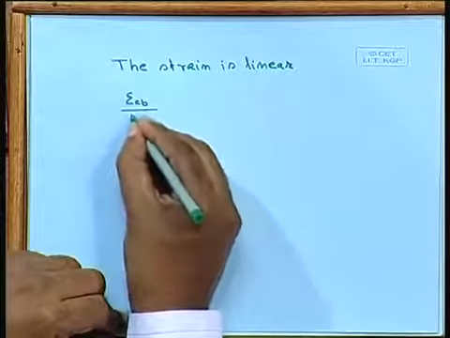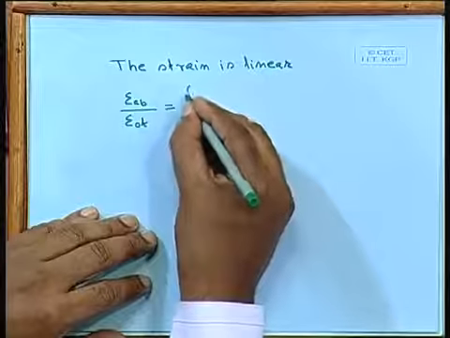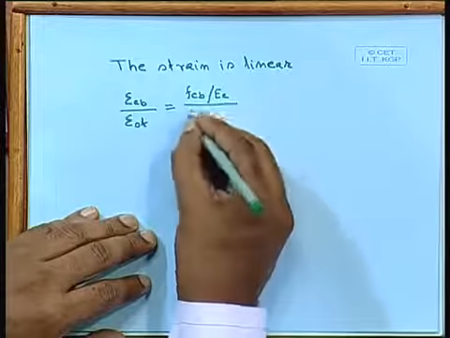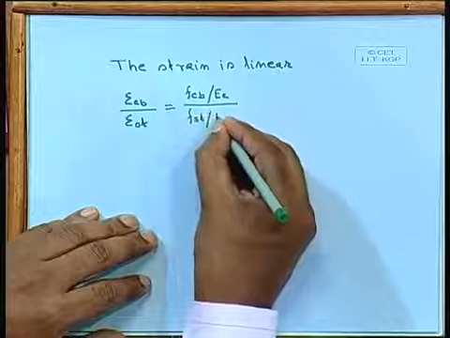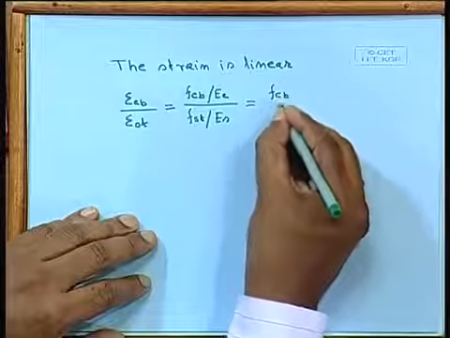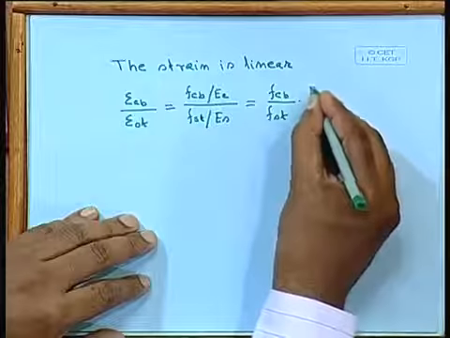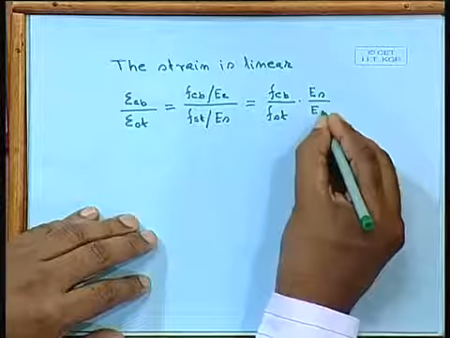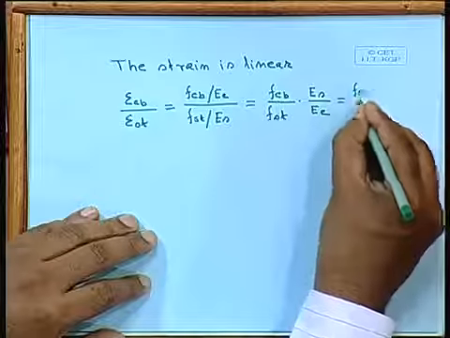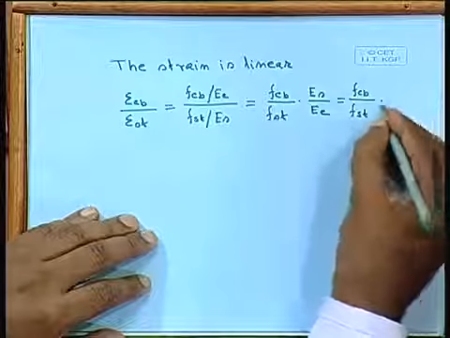Epsilon_cb by epsilon_st equal to F_cb by E_c divided by F_st by E_s. Rearranging, F_cb by F_st times E_s by E_c equals F_cb by F_st times m.